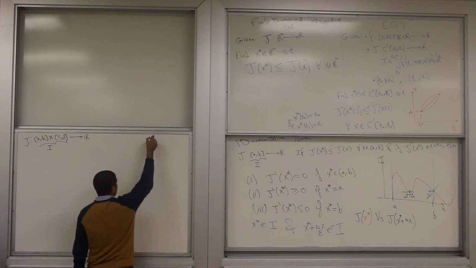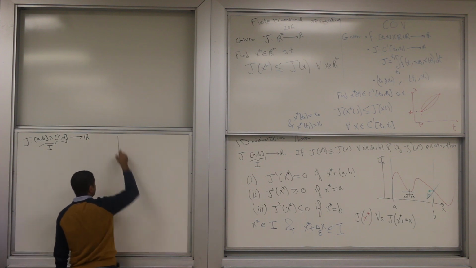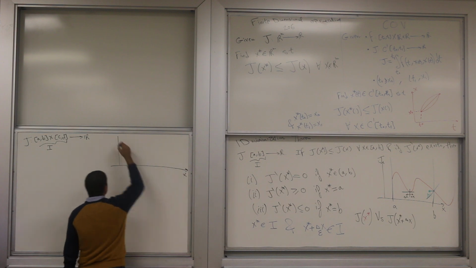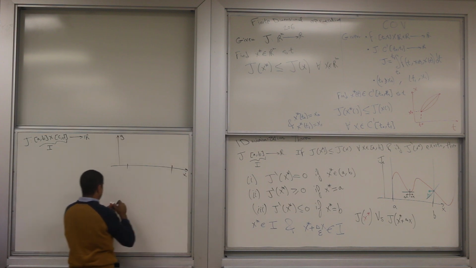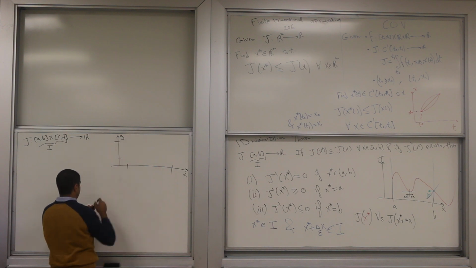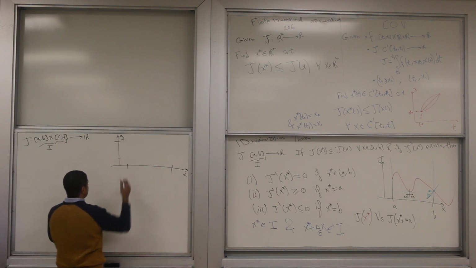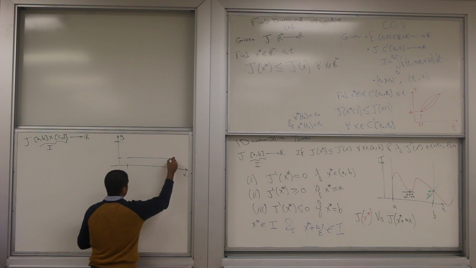So this is actually your domain, X and Y. This is A, B. This is C, D. So this is your feasible domain.